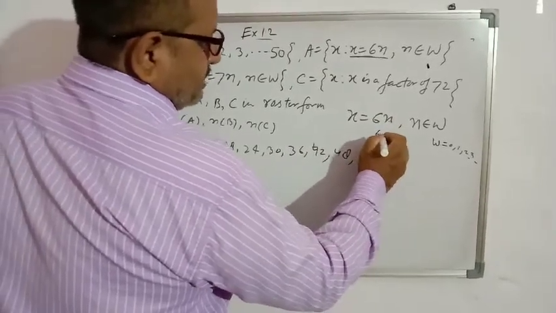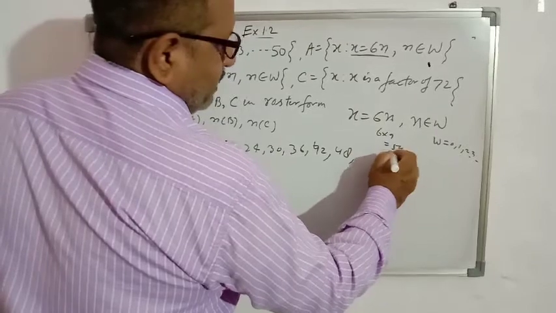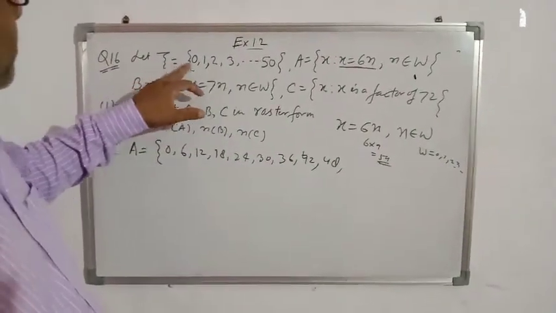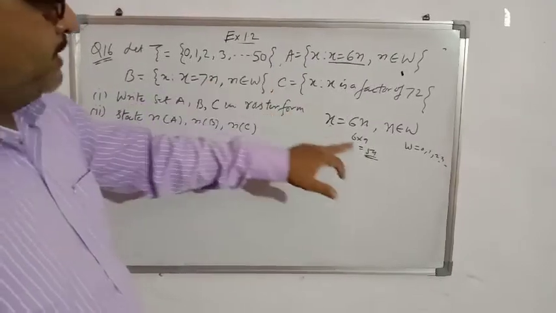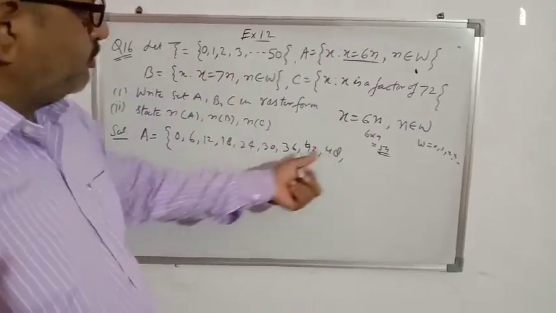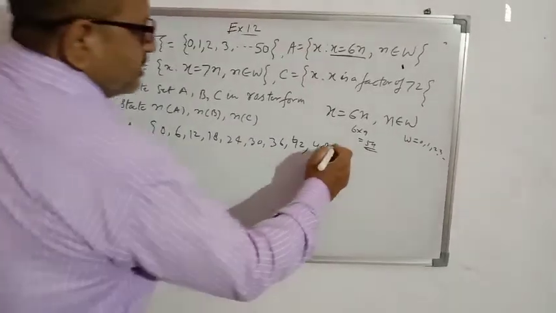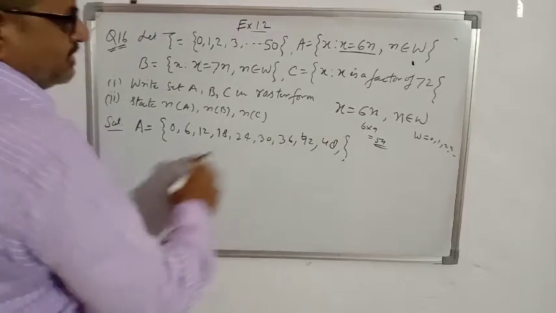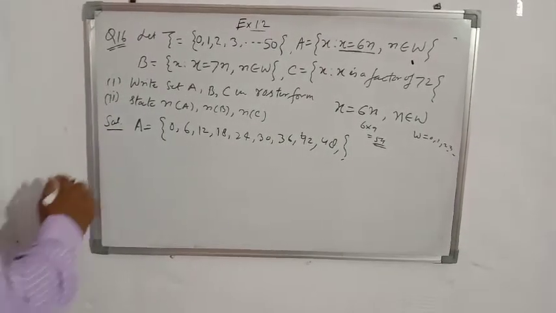If we put 6 into 9, it will come 54. But our universal set is from 0 to 50 only. 54 does not lie in the universal set. So we will take up to 48. Close the curly bracket. So this is our set A in the roster form.